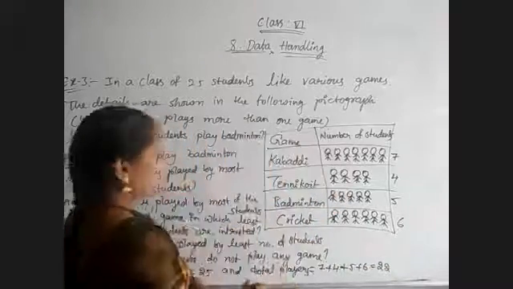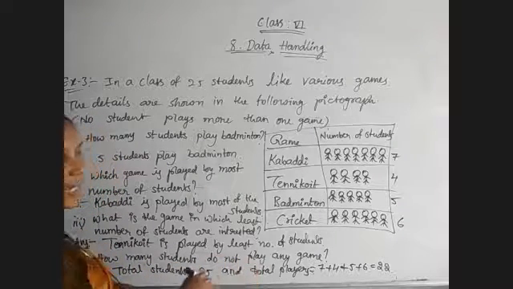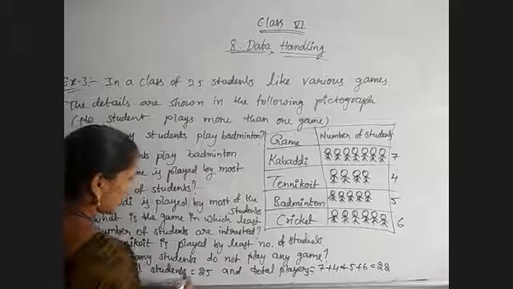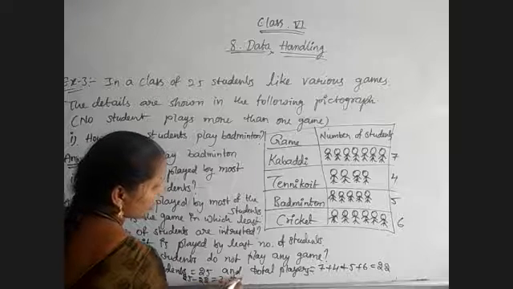Therefore, number of students who do not play any game equal to 25 minus 22, which is equal to 3 students.